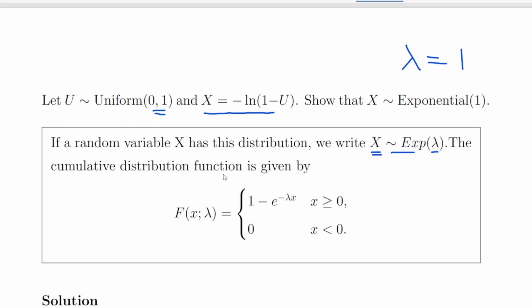The cumulative distribution function is given as follows. Where x is greater than or equal to 0 and lambda is equal to 1, this is equal to 1 minus e to the minus x. Okay, so that helps us out.